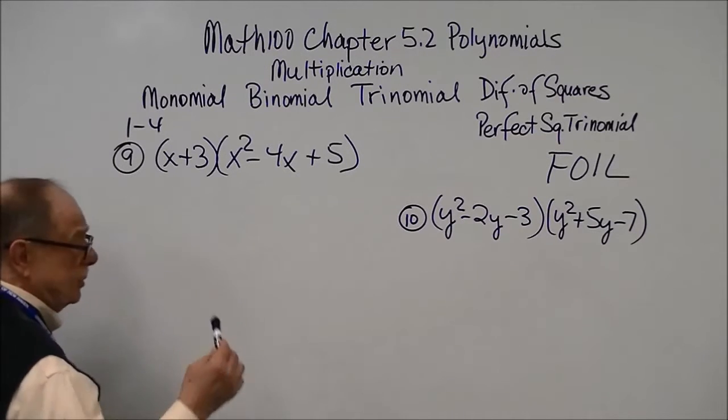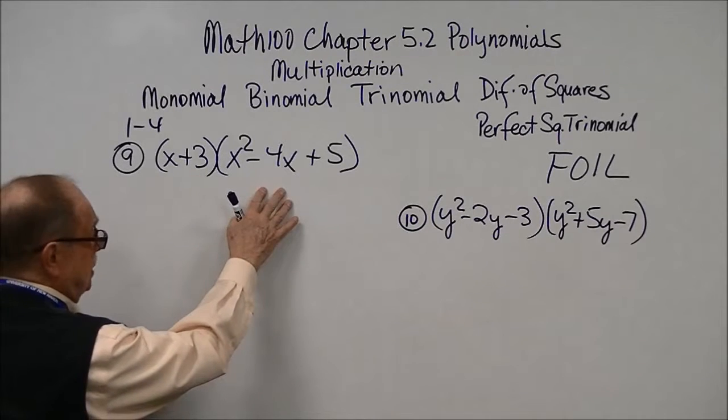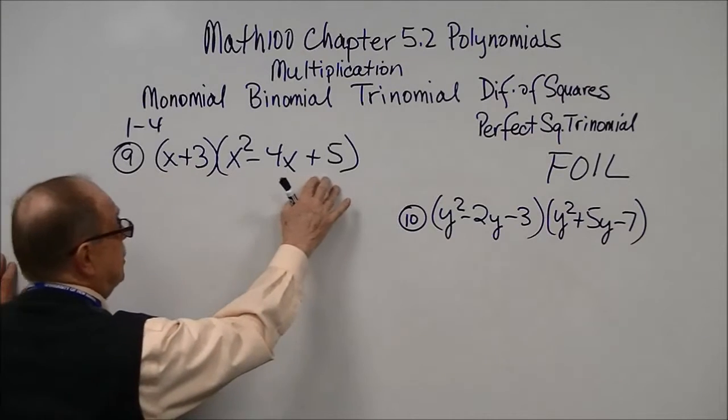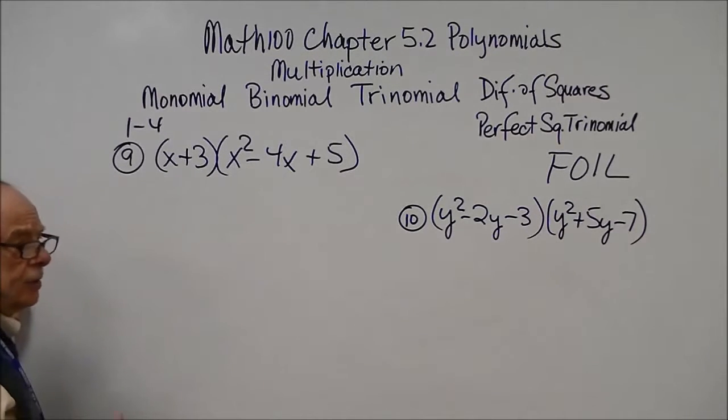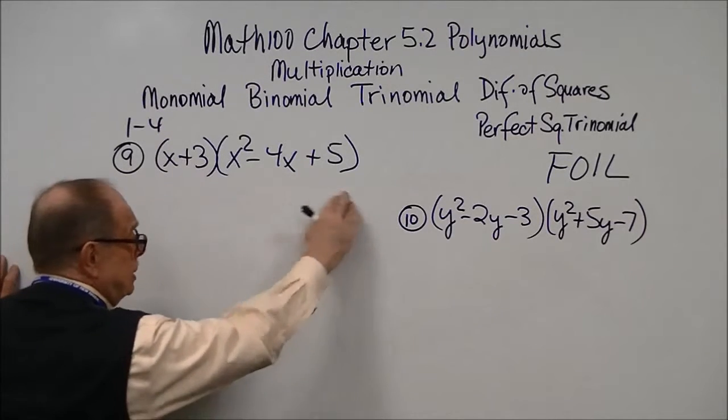Now, we showed you the traditional way of multiplying a binomial by a binomial. Well, you could use that for a binomial by a trinomial, but I'm going to show you another way, rather than doing it horizontally.